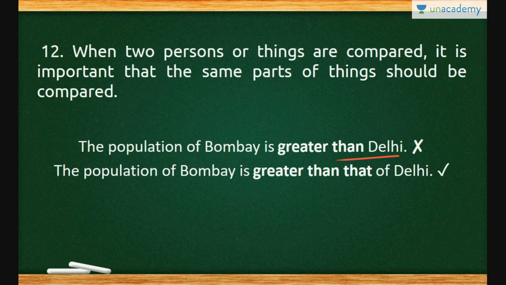Therefore, we add that of: the population of Mumbai is greater than that of Delhi, instead of greater than Delhi. That of means that we are comparing the population of Delhi, not Delhi itself.